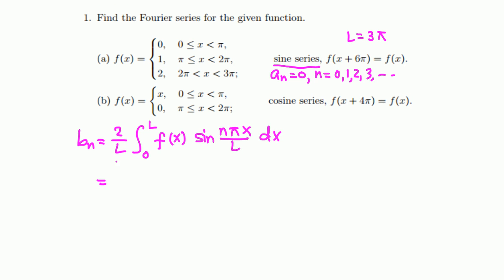Okay, and replace L by 3 pi. So 2 over 3 pi, 0 to 3 pi fx sine n pi x over L dx.